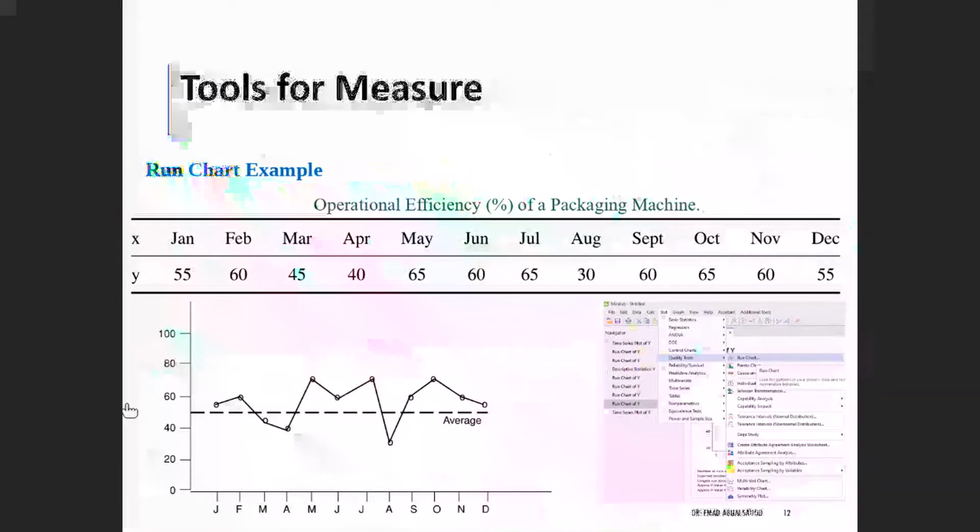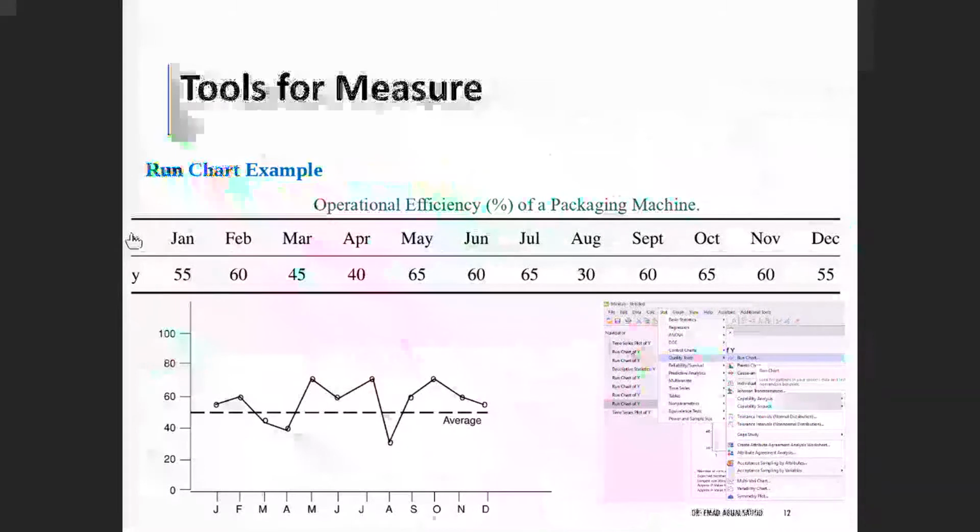Now, this is an example using a run chart in Minitab. When you use a run chart in Minitab, you go to Stat, then Quality Tools, and then you use Run Chart, and it will open a box for entering the Y axis, which is the response or measures, and the X axis, which is usually the time.